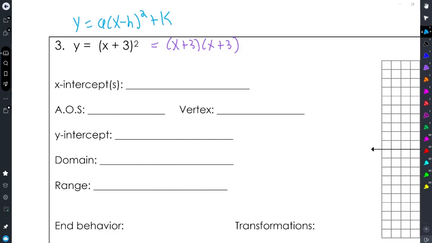Well, if your k value is 0, then that means there's no shift up or down. So we're going to kind of look at both of them here. We know our x-intercepts from intercept form have to be, there's only one of them, negative 3 comma 0. But because this is also in vertex form, we know the vertex is negative 3 comma 0 as well. And our axis of symmetry is x equals negative 3.